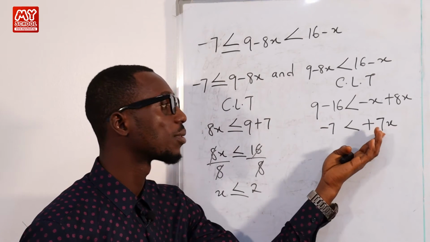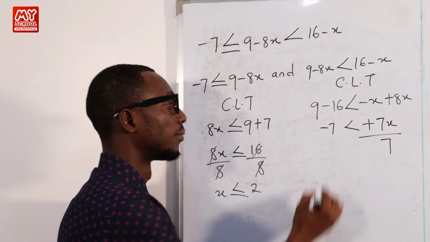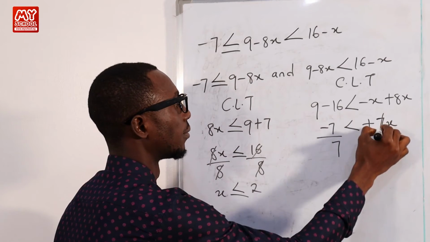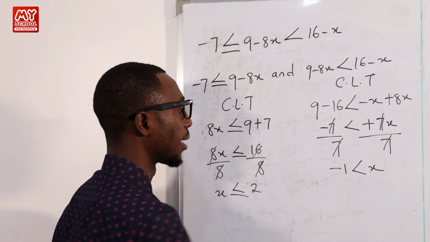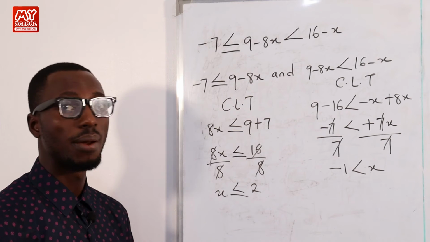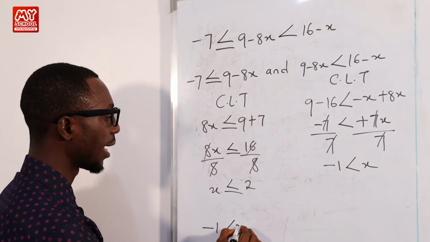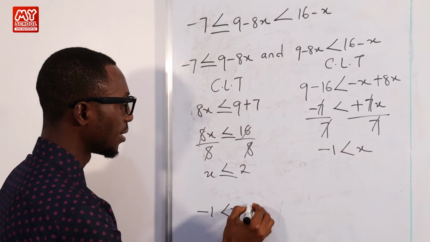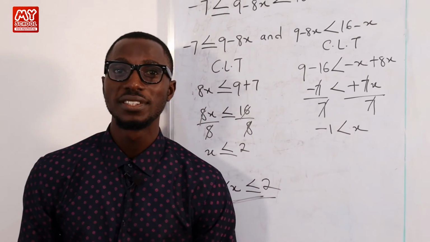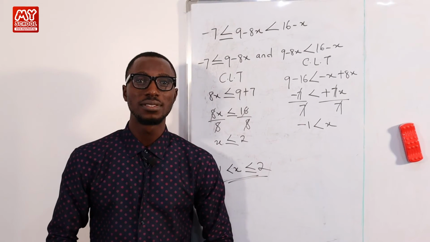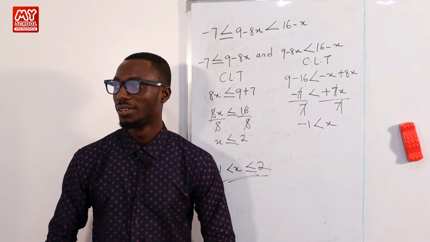So we divide both sides by the coefficient of x, which is 7. So minus 1 is less than x. So for the inequality, we can bring them together by saying minus 1 is less than x and x is less than or equals to 2. So let's go through our options and see which aligns with our answer. Option D.